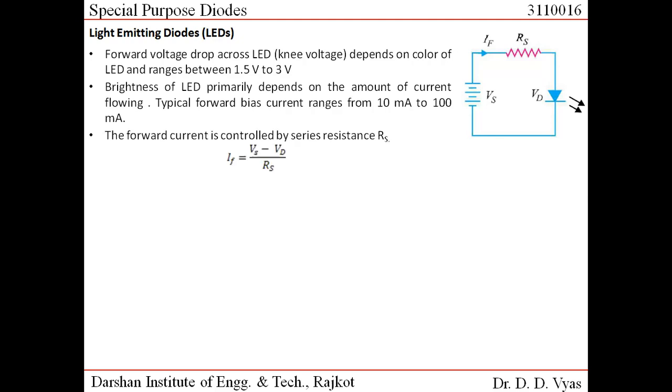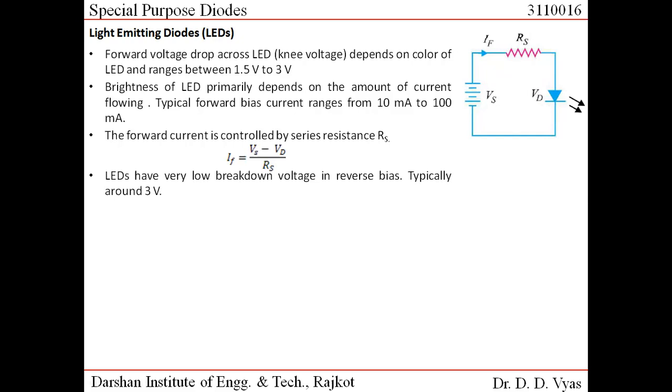The forward current flowing through the LED is controlled by the series resistance Rs, and it is very simple to see that the forward current is defined by the relation: the source voltage minus the forward voltage drop across the LED, so Vs minus Vd, divided by the resistance Rs.